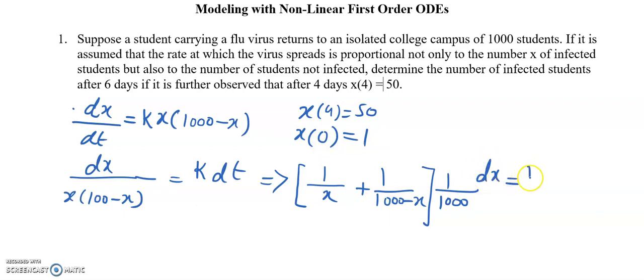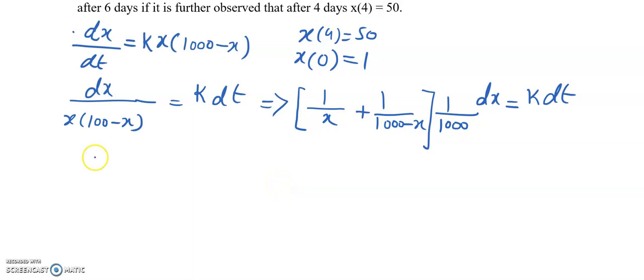So equals k times dt. Now we can take 1000 to the other side, and we can integrate both sides.